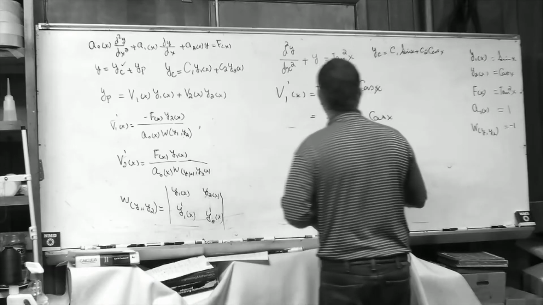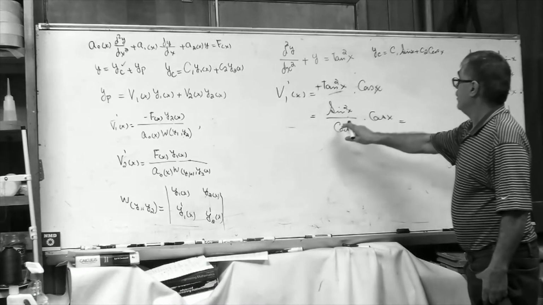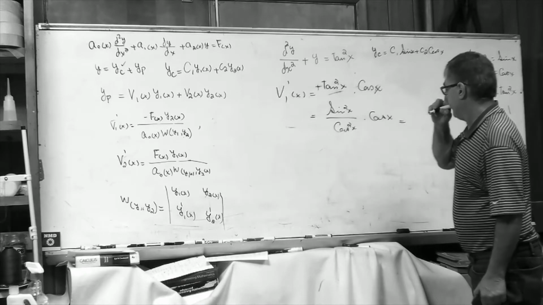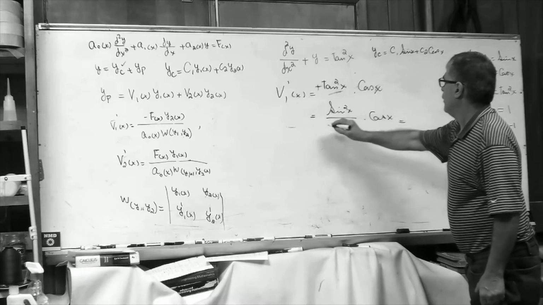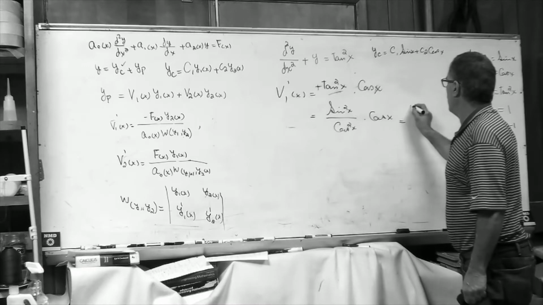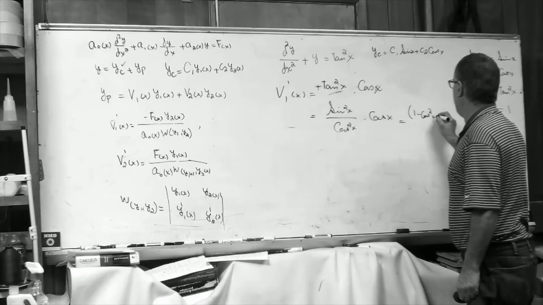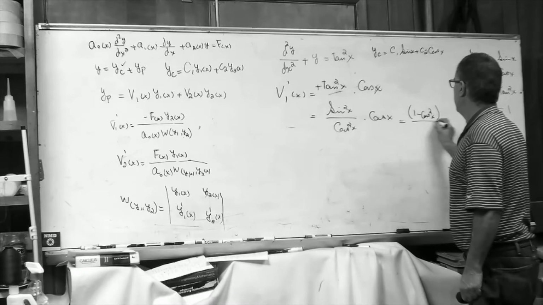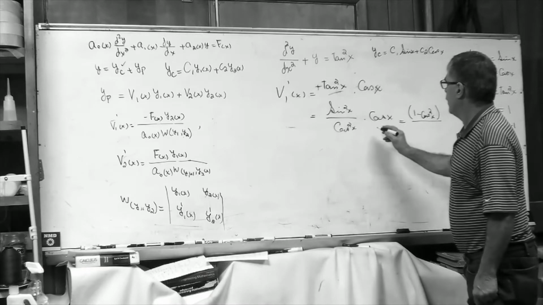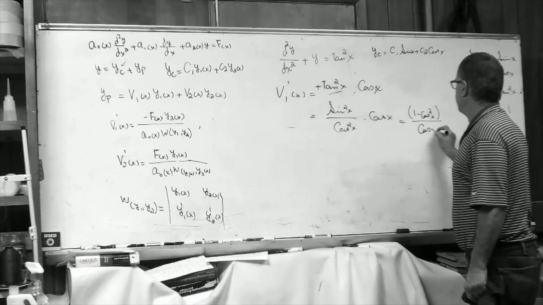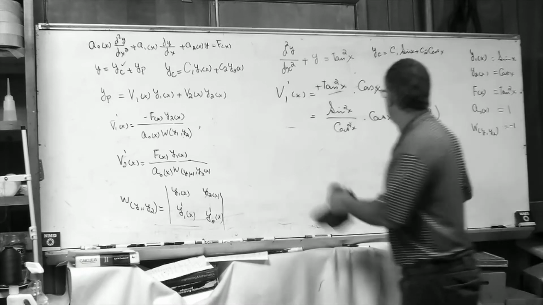Now, instead of sine square of x, we can write 1 minus cosine square of x, divided by cosine of x. Cosine of x and that square will cancel out. So this is what we're going to have.